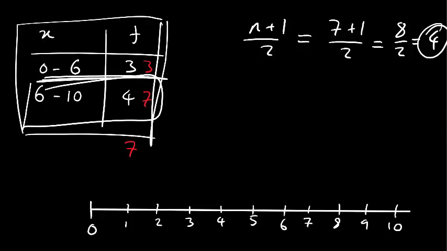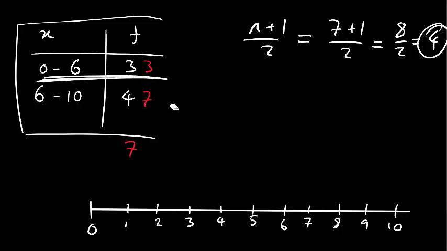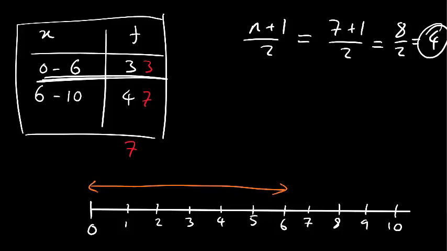I know that the first 3 values from my table will fall between 0 and 6. The last 4 values will fall in the interval from 6 to 10.